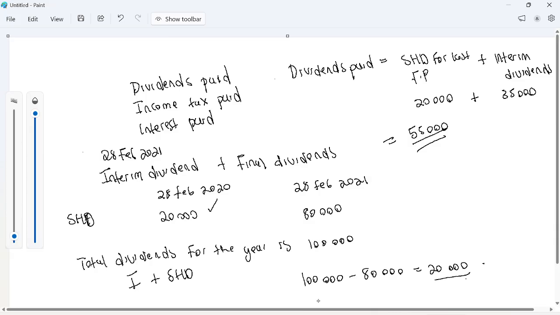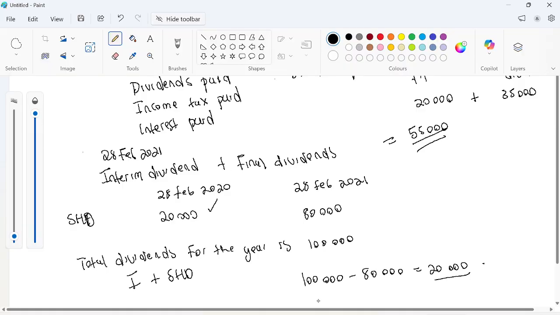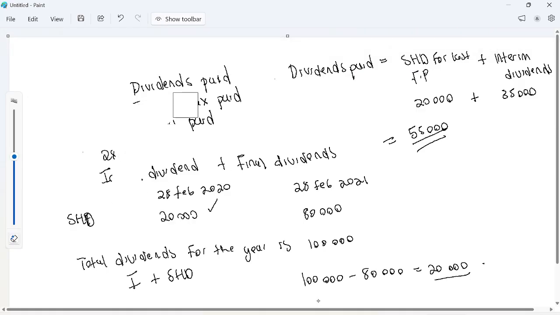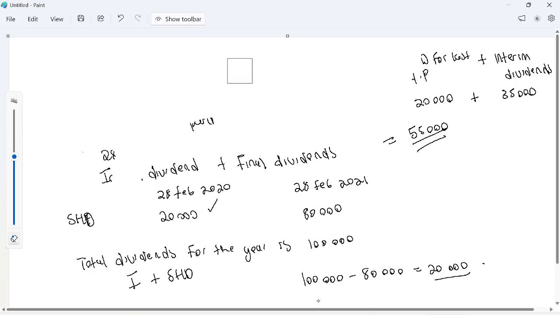Then you're going to take your interim dividend and add it together with your shareholders for dividend for the last financial period, and therefore you have your dividends paid. Always find yourself in this situation, right? No matter how hard or how tricky the paper gets, always find yourself in this situation, right? Now, let me go to a question so that you guys maybe can see what I'm talking about, right? Let me erase here first.